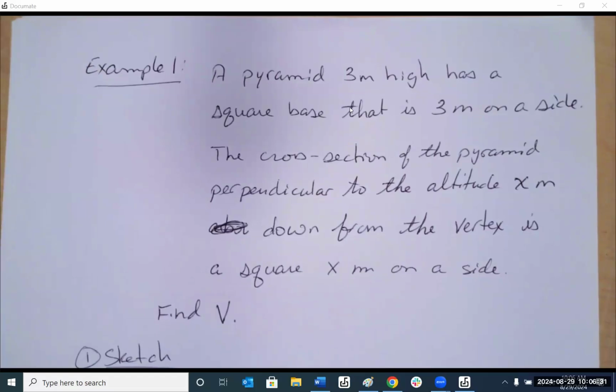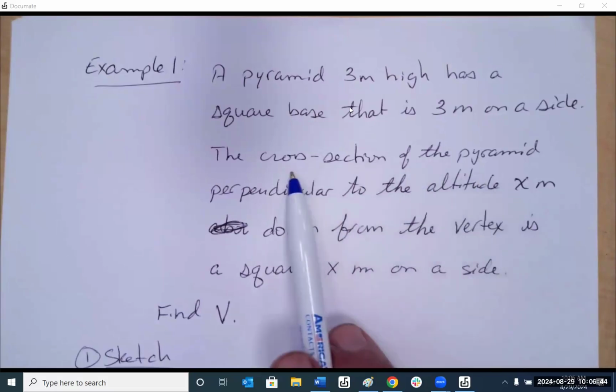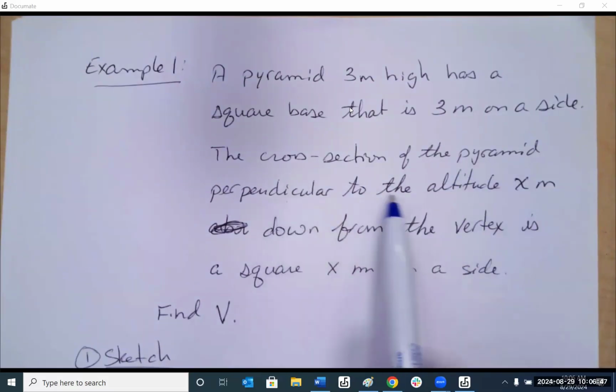So what does that mean? The cross section of the pyramid perpendicular to the altitude, that tells you the orientation of this pyramid: the cross section perpendicular to the altitude x meters down from the vertex.